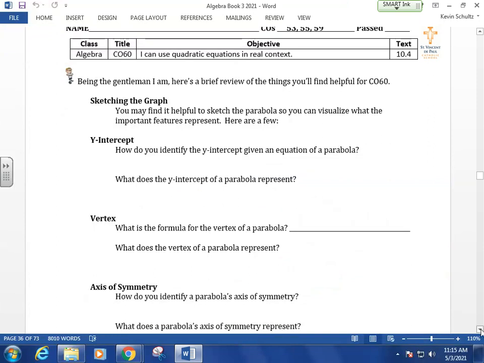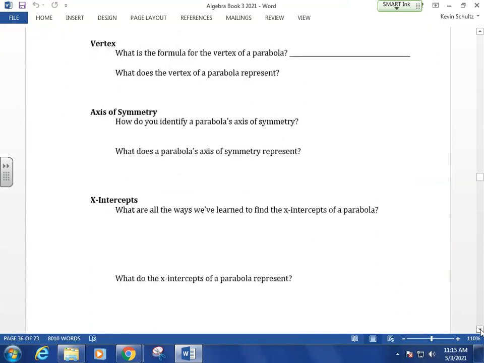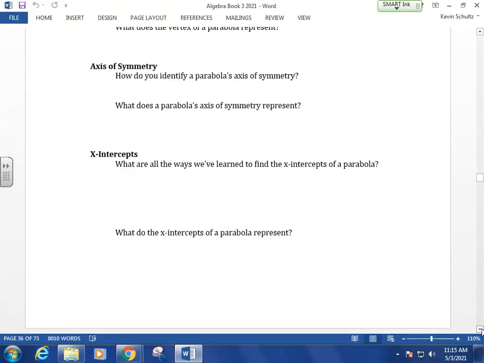How about that axis of symmetry? How do you identify a parabola's axis of symmetry? How did we draw it in, so to speak, in PO54? Alex? Okay, a vertical line through the vertex.